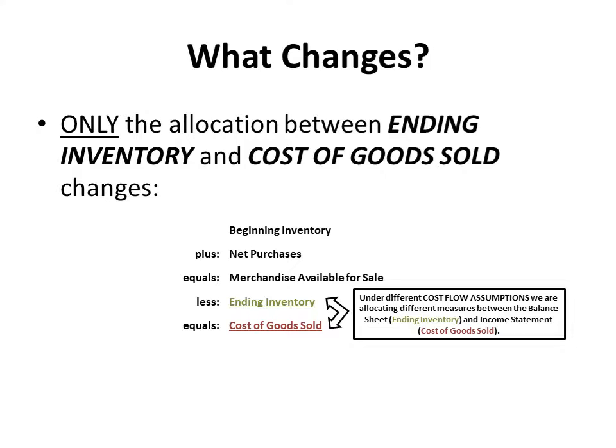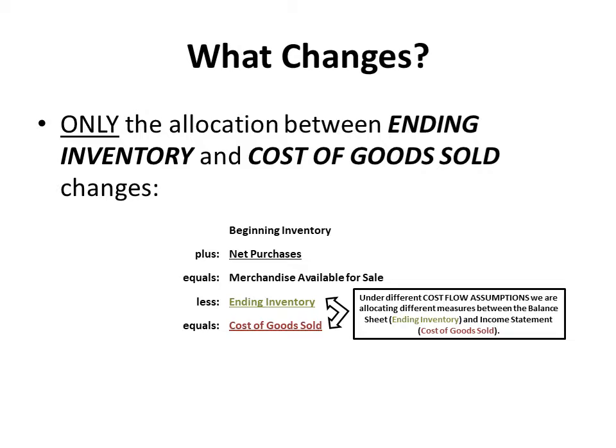If I take my beginning inventory, I add net purchases. That's going to equal merchandise available for sale. And I'm going to allocate that merchandise available for sale during the period to my balance sheet and my income statement, depending on the different cost flow assumptions.